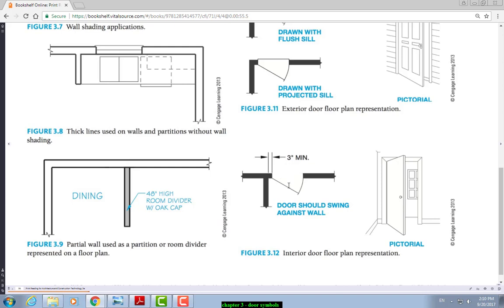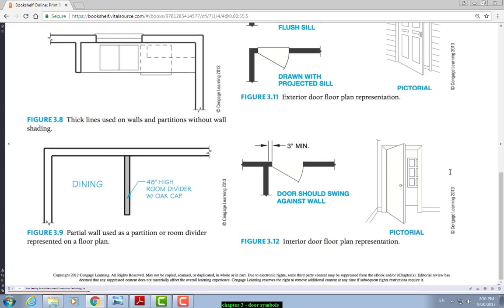That way when the door opens, it stops here, and not only that, but it gives you access to the whole room, and you have walls here that you can use for beds, windows, whatever you need to put. Okay, just like this. See how it opens inside? Don't put it the other way, because if it opens this way, then you walk into the wall. So it always opens towards the wall.